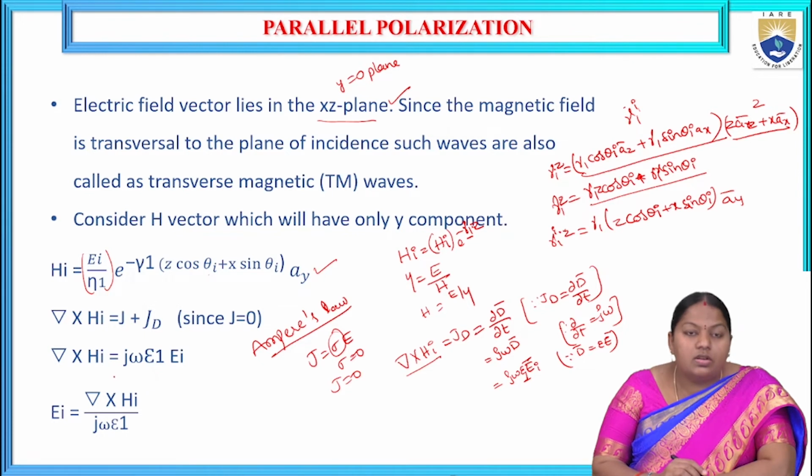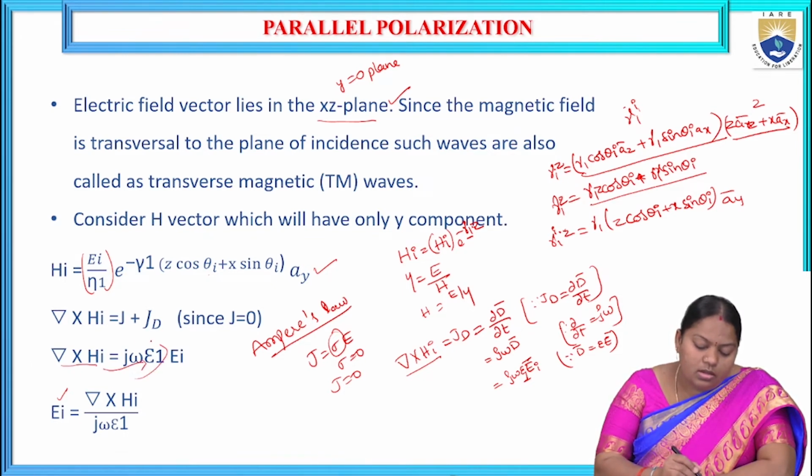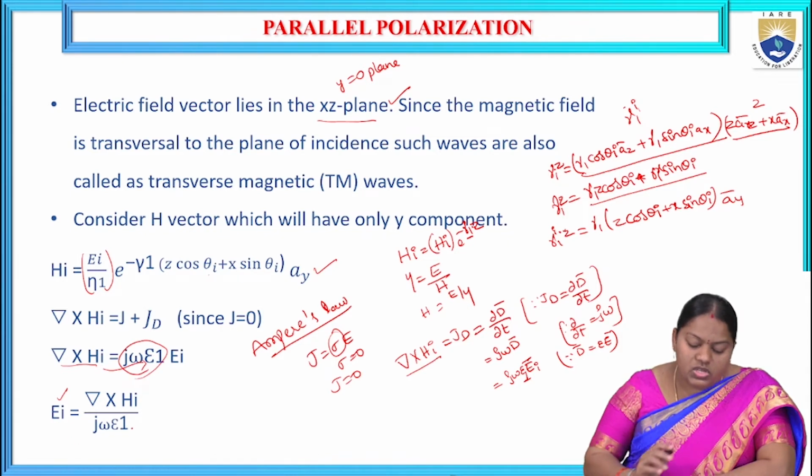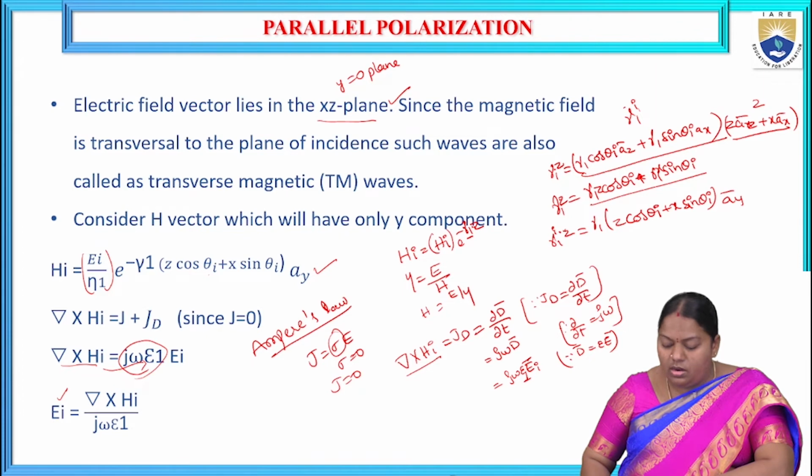Then del cross Hi equal to j omega epsilon 1 Ei. So from this, Ei equal to del cross Hi by j omega epsilon 1, because we are writing the equation for Ei.